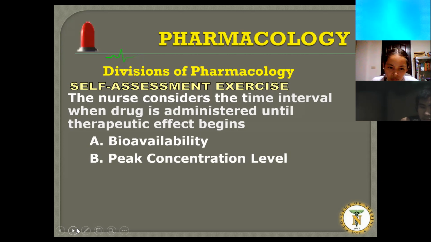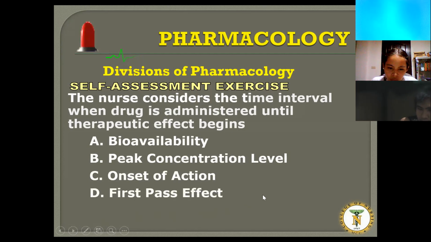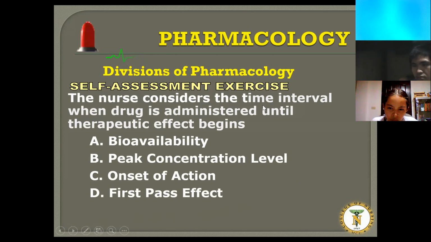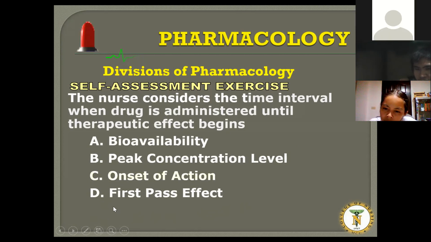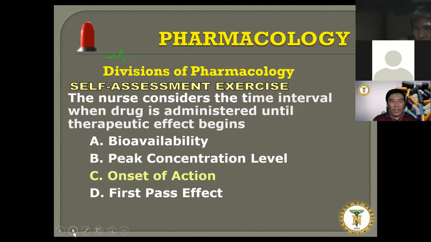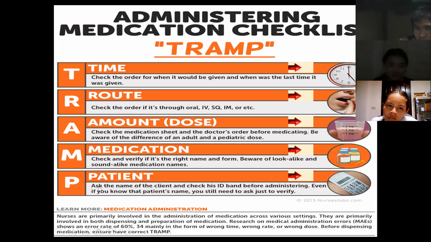The time interval when administered, sir, rinig po ba, begins. Answer. Yeah? Onset of action. Onset, because what could be the reference? Because the time started administer until beginning of therapeutic effect. Answer is onset of action. Very good. Next question. Ay, tapos na pala.